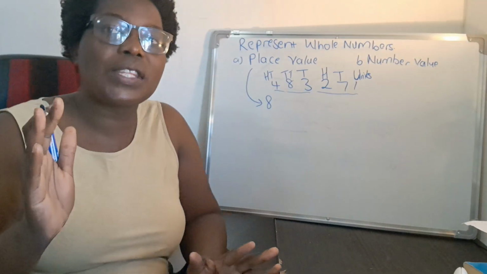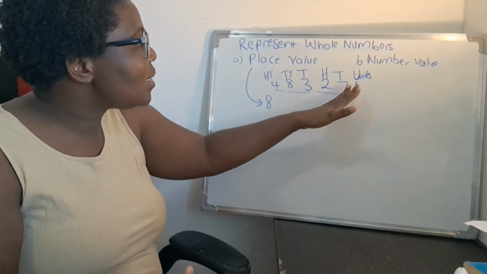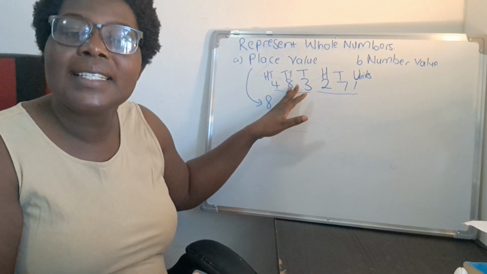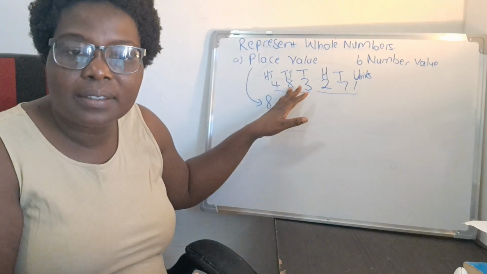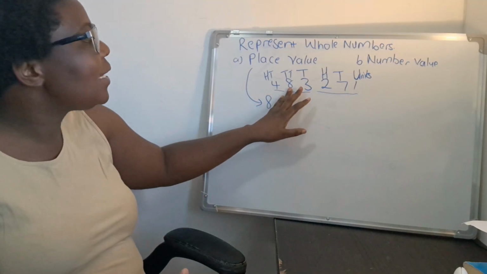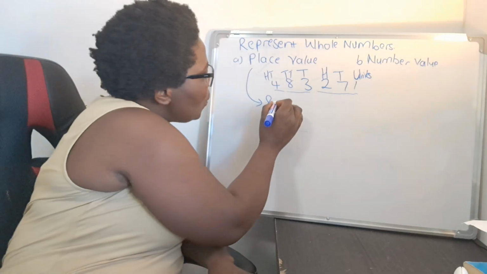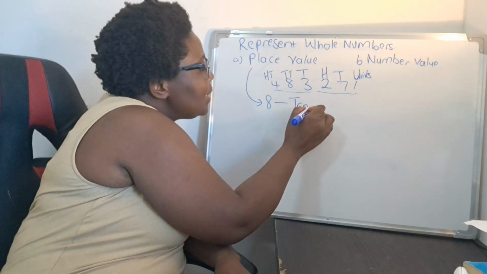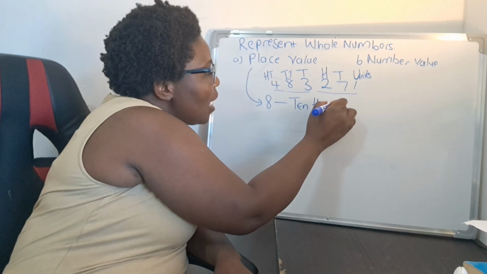We're asking you for the place value. We said our 8 is represented by 10,000s, isn't it? So the place value for the number 8 will be 10,000.